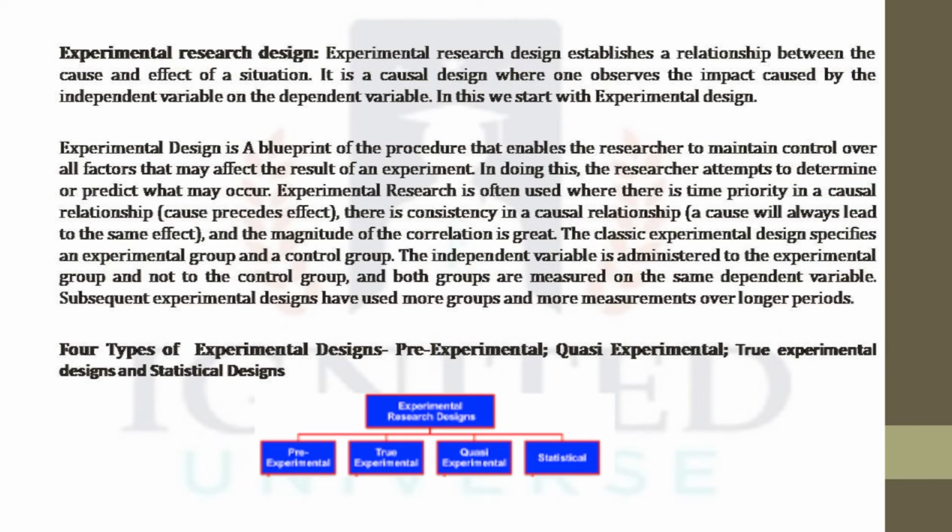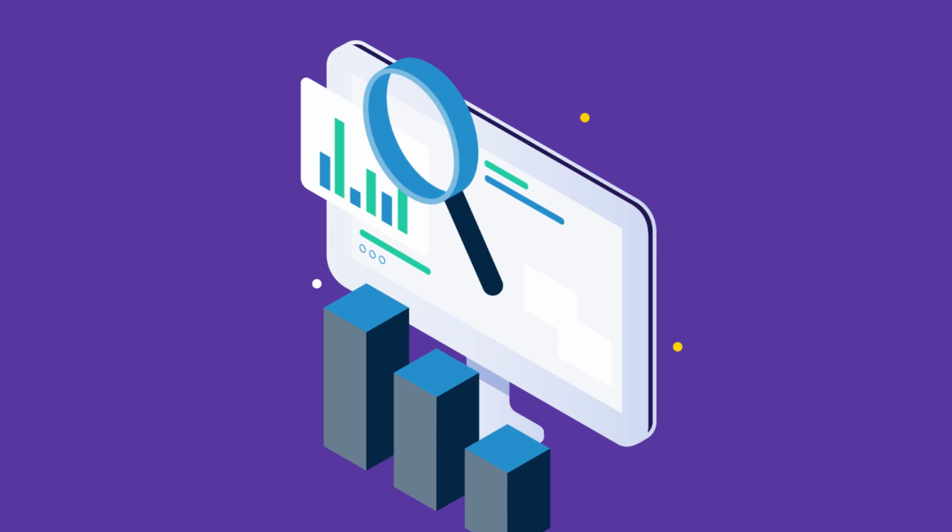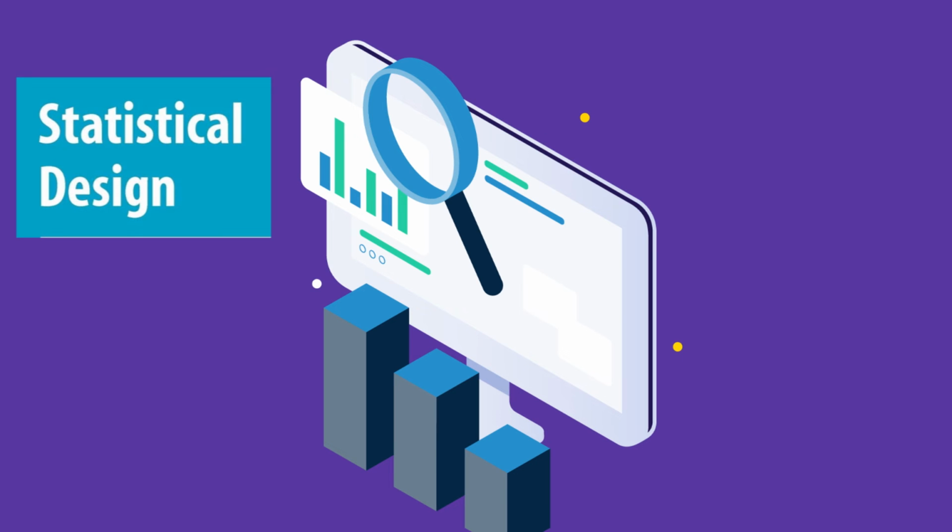A point worth mentioning here is the definition of extraneous variables. Extraneous variables are those variables which are not the independent variable but could affect the result of the experiment. And then we have the last of the experimental designs, which is statistical designs. These designs allow for statistical control and analysis of external variables.